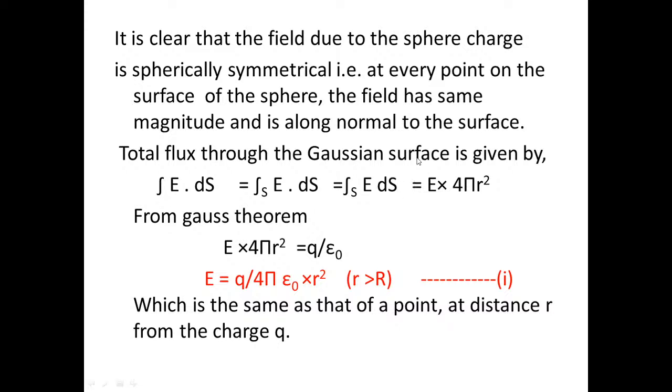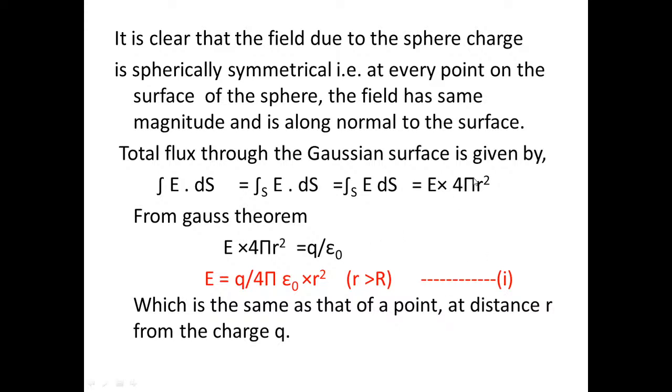Theta is 0 degrees, cos is equal to 1, so it will be equal to E into the surface area of the sphere, which is 4 pi r square, where E is the electric field intensity and the integral of ds is the surface area of the Gaussian surface having radius small r.